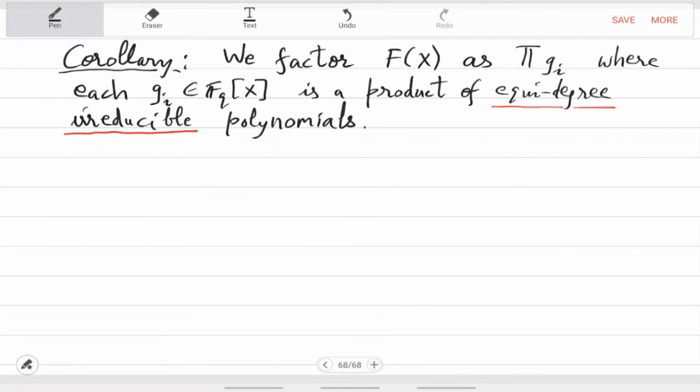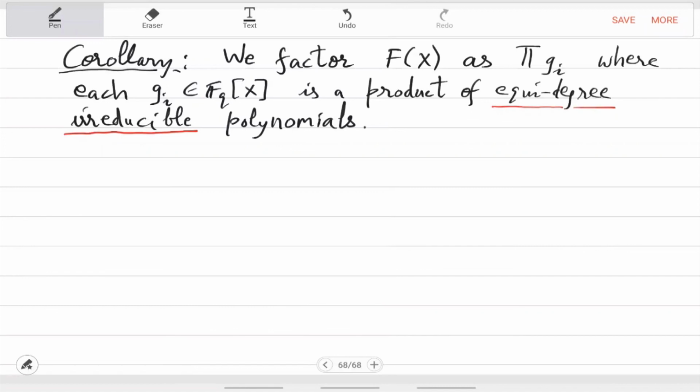So again, the big F will be actually factored into clusters. Each cluster will have equidegree irreducibles as their factors. Whenever you find a non-trivial GCD, you remove that from big F by dividing. That's a single division, and proceed with the quotient in the for loop.